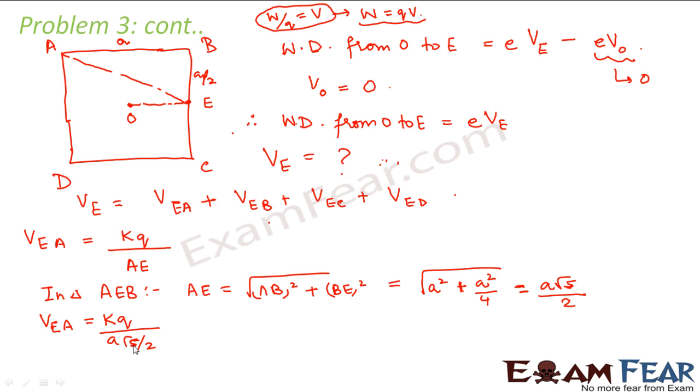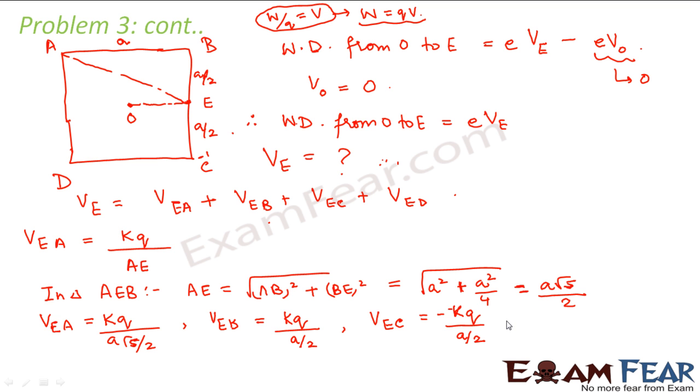Now let us calculate the potential at E due to B. Potential at E due to B will be equal to KQ divided by A by 2 because the distance is BE. Similarly, let us calculate the potential at E due to C. That will be minus KQ divided by A by 2 because the distance EC is again A by 2 and here you have a negative charge.